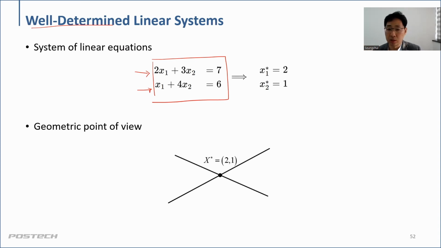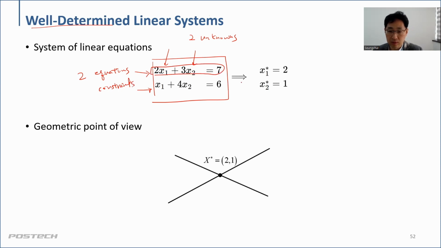So we have two linear equations, and we have two unknowns, x1 and x2. Looking at the system before you actually compute the unknowns, there are two constraints and we have two unknowns.